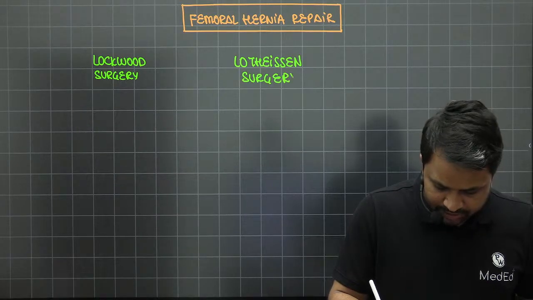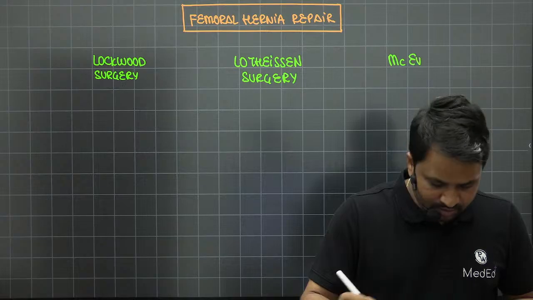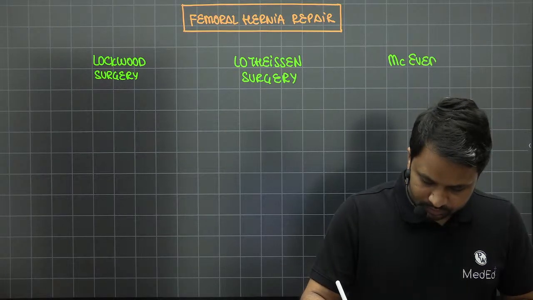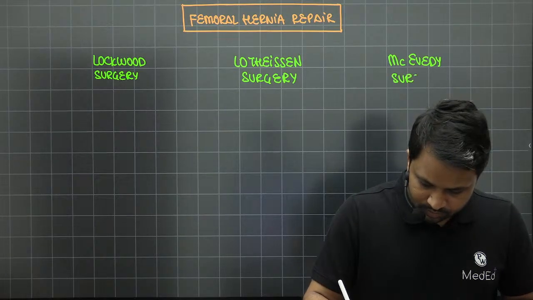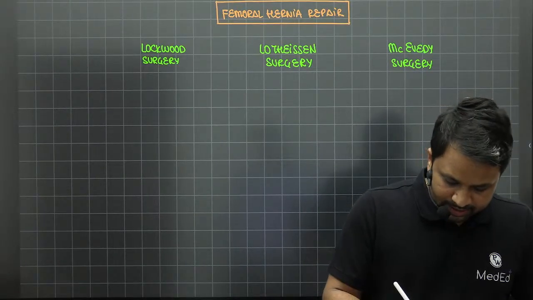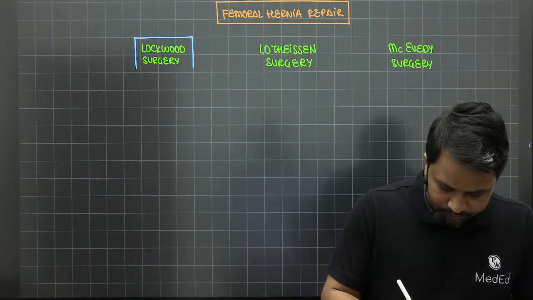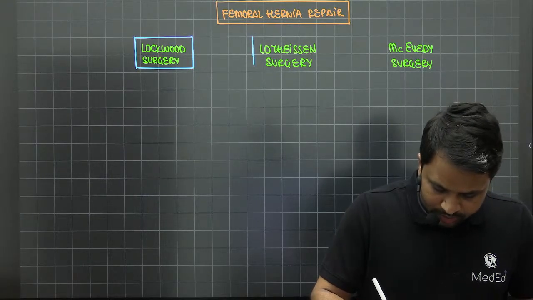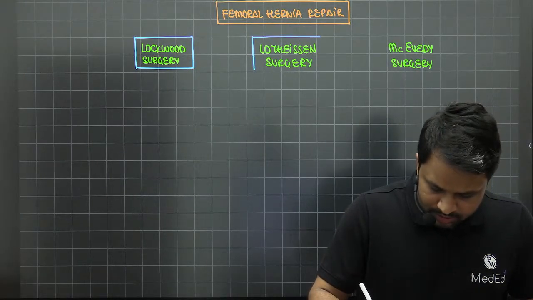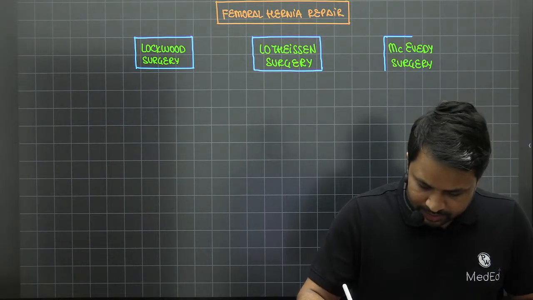And the third technique, which is for emergency, is the MedEd surgery. So three surgical techniques that you have. Number one is Lockwood, number two is Lotheissen, and number three is MedEd.